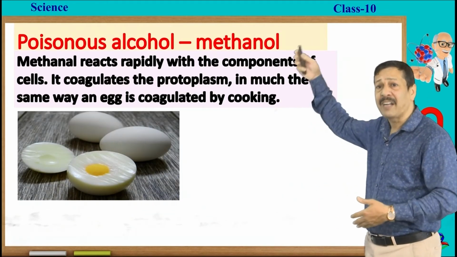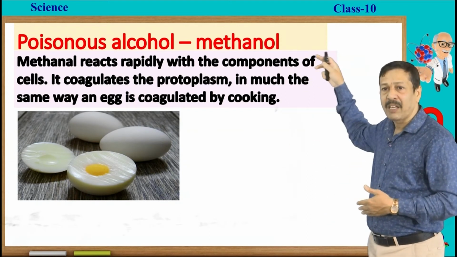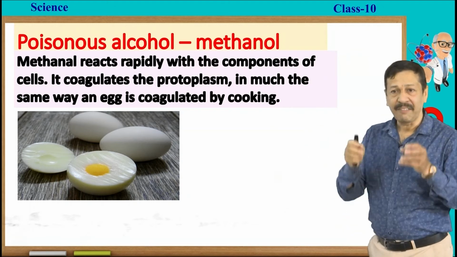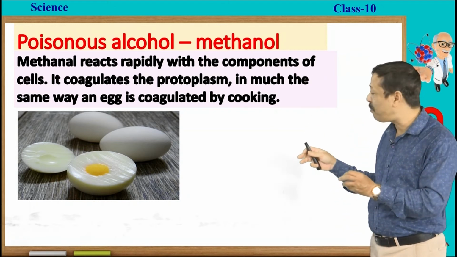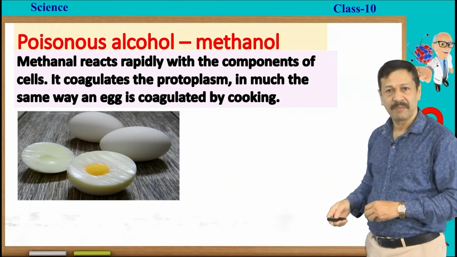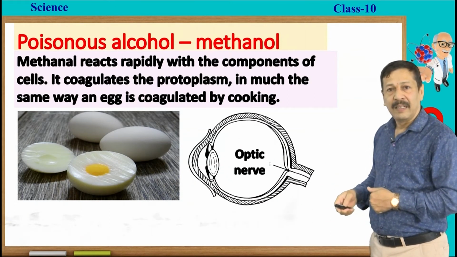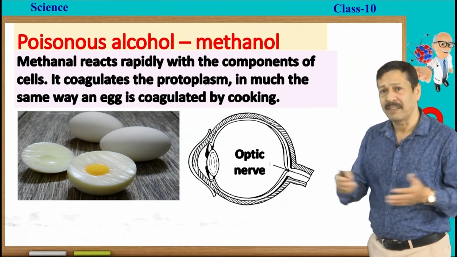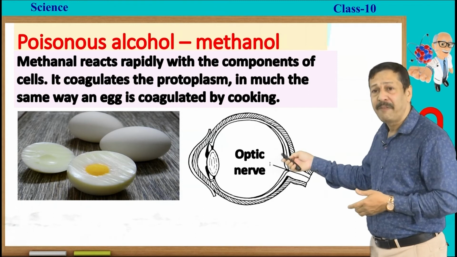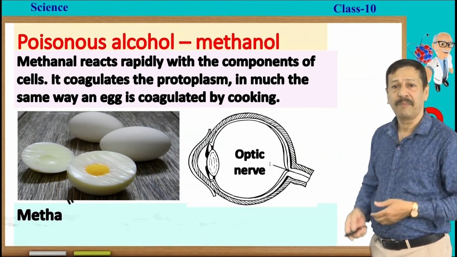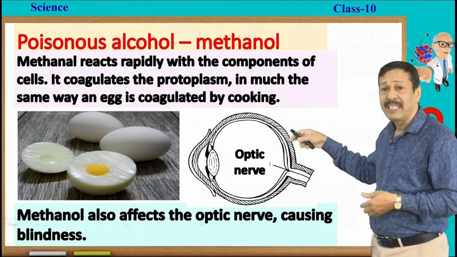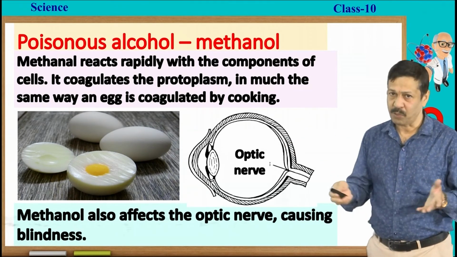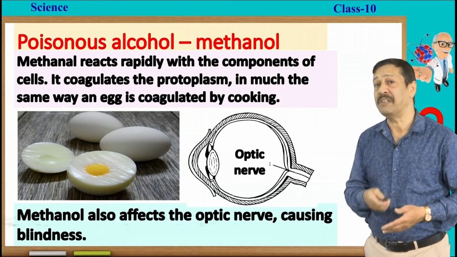When methanol reacts rapidly with the components of the cell, it coagulates the protoplasm, which is similar to that of a boiled egg. The cell content, the protoplasm, becomes hard, that means death. One more thing, it affects the vision. Methanol affects the optic nerve, causing blindness. So these are the dangerous chemicals.